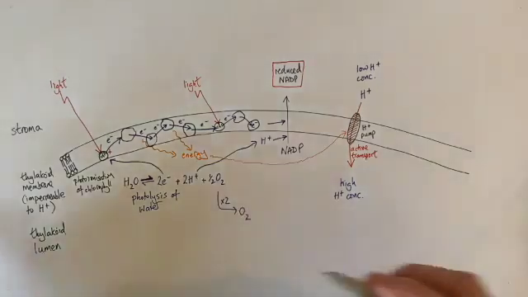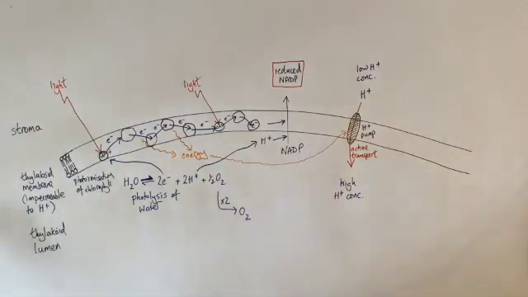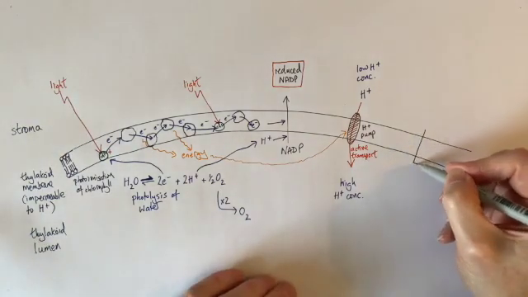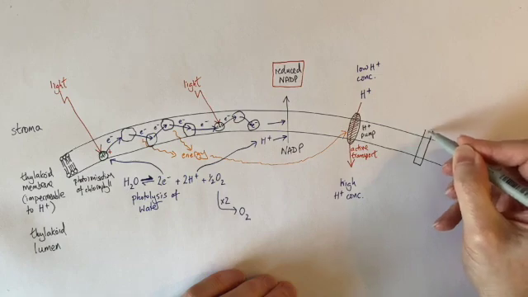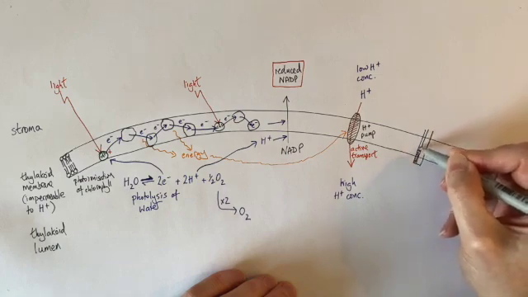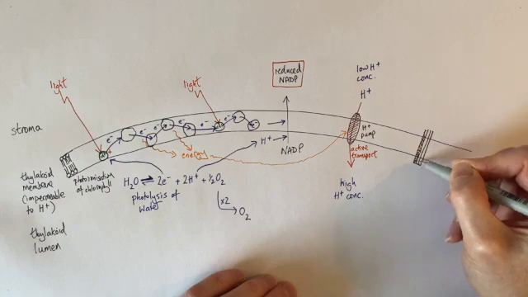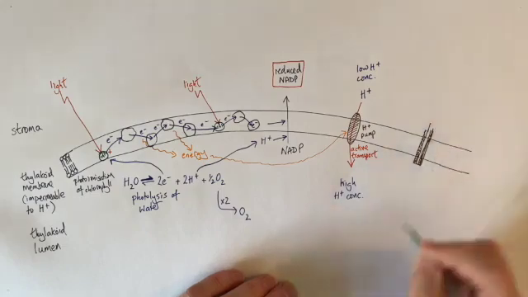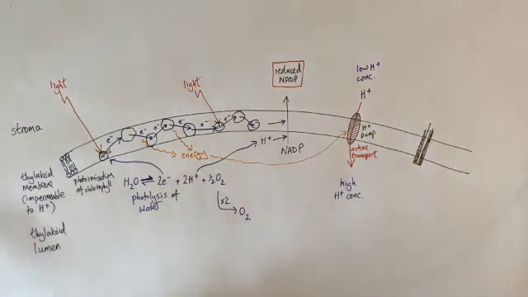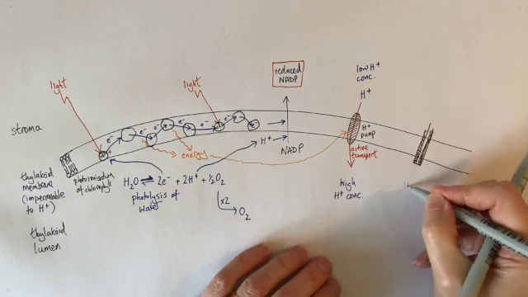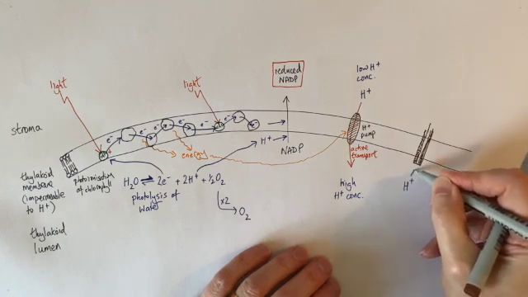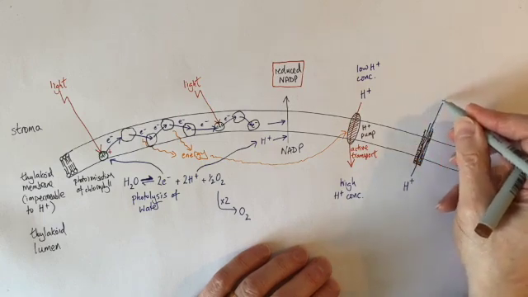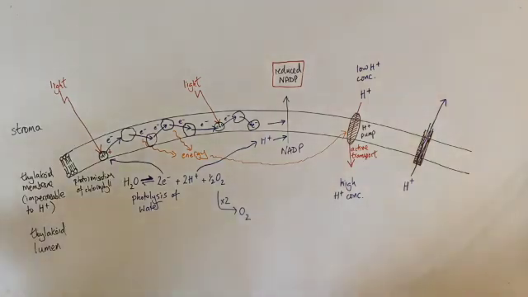However, there are other structures in the membrane, and the one structure that we talk about is a channel, and this channel allows hydrogen ions to pass through, and so hydrogen ions will be able to move down their electrochemical gradient out into the stroma.